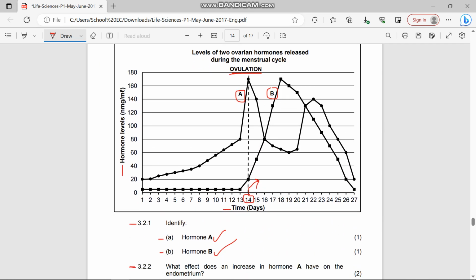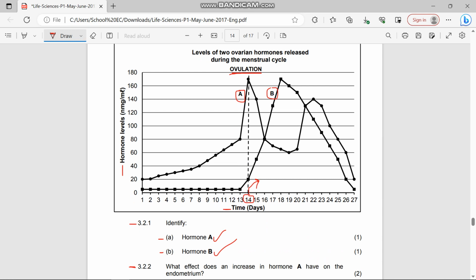It's because of the negative feedback. You have to explain properly, right? If the corpus luteum is secreting progesterone, it will inhibit the secretion of the follicle stimulating hormone, which is the FSH.